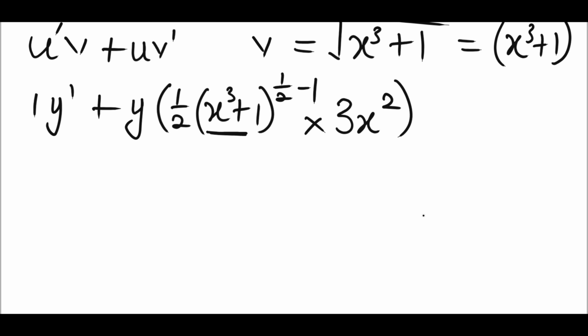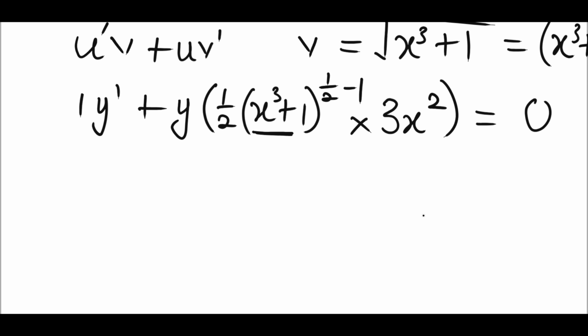So let us continue. Now we have everything equal to 4, but when you differentiate the 4, you are going to get 0. So here we are going to get 1 times y prime. But we have omitted something here. We didn't bring the original value of v after differentiating. So when we differentiated the u, which is the y, we had 1 multiplying dy/dx, which is the same as y prime.